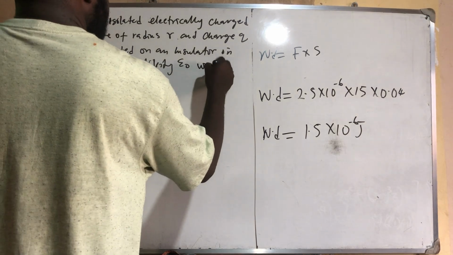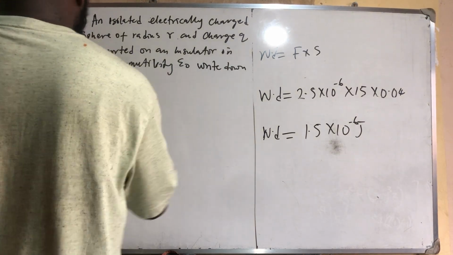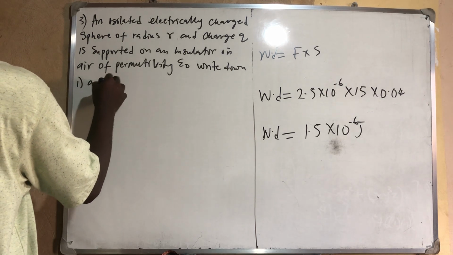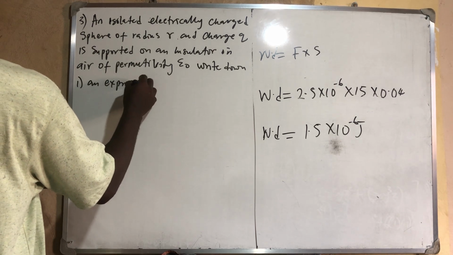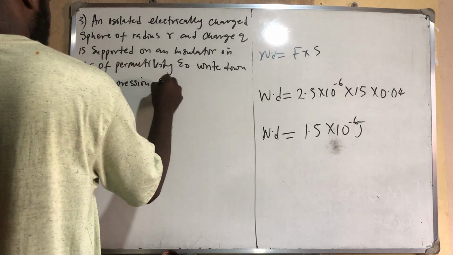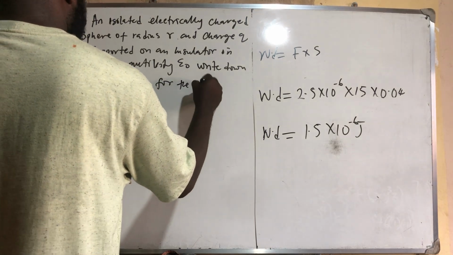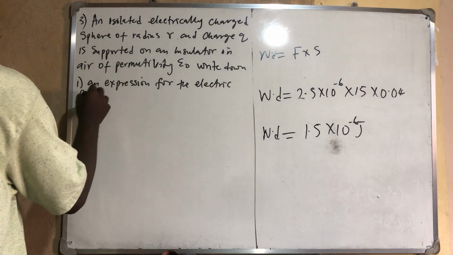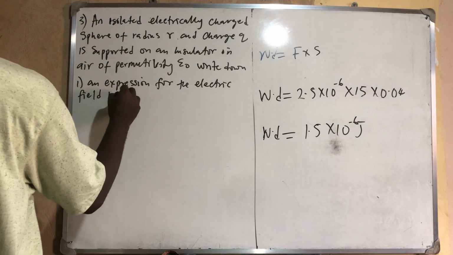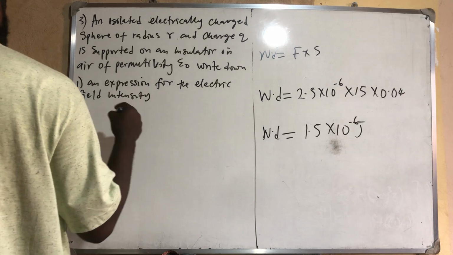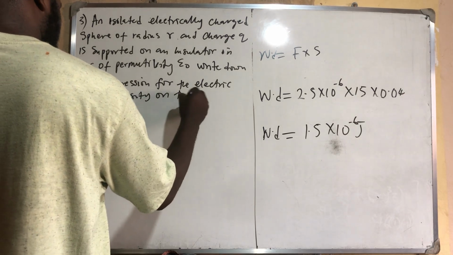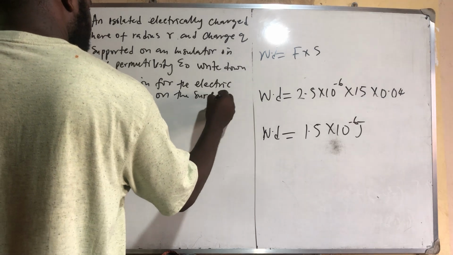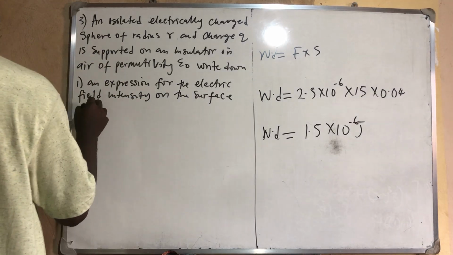Then I say write down I, an expression for the electric field intensity on the surface of the sphere.